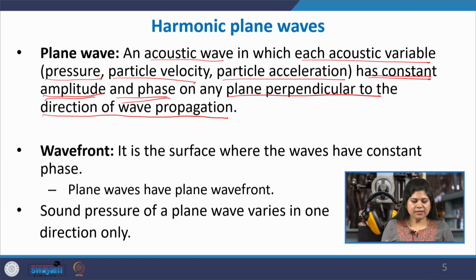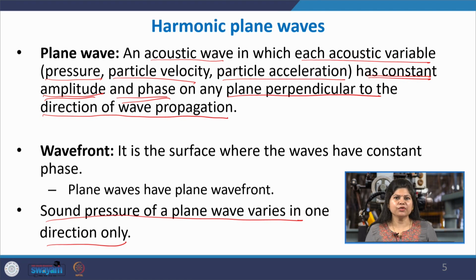One important property of this harmonic plane wave is that the sound pressure varies in one direction only, and is independent of the distance of measurement. It has the same amplitude irrespective of the distance it has travelled from the source.